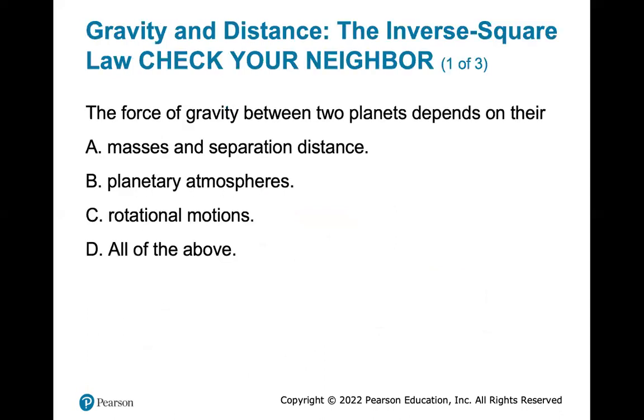Okay. The force of gravity between 2 planets depends on their masses and separation distance, planetary atmospheres, rotational motions, all of the above. Well, if you look at the formula, F equals G M1 M2 divided by their distance squared, it's only the masses and the separation distance.